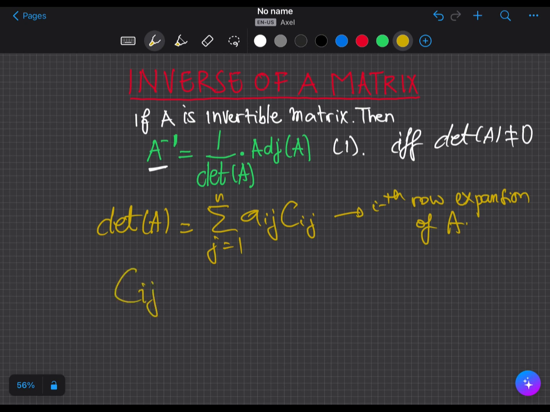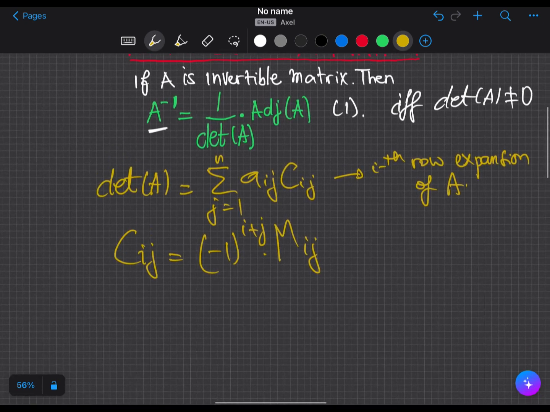And we also say that the cofactor is equal to minus 1 to the power i plus j, where i is the row and j is the column of the element of the matrix, times M_ij, where M_ij is the minor of A.